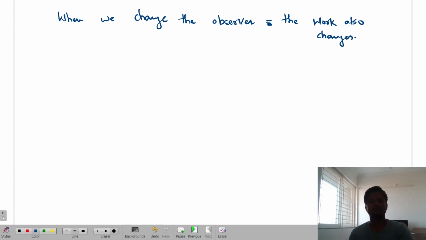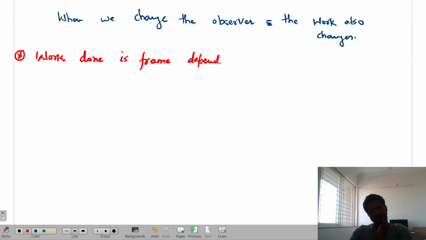So if we change the observer, the work also changes. That brings us to one of the biggest conclusions: work done is frame dependent, isn't it? So we got many properties of work done.